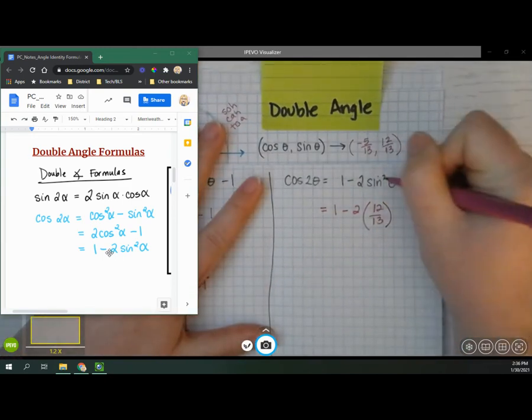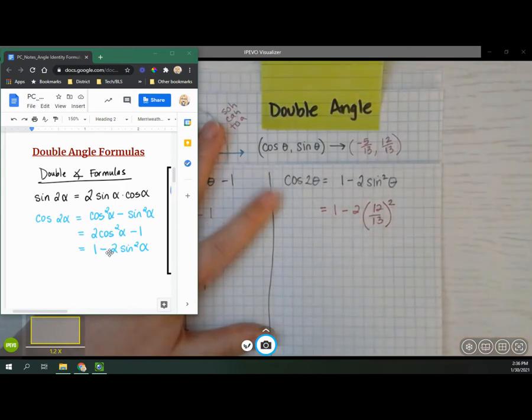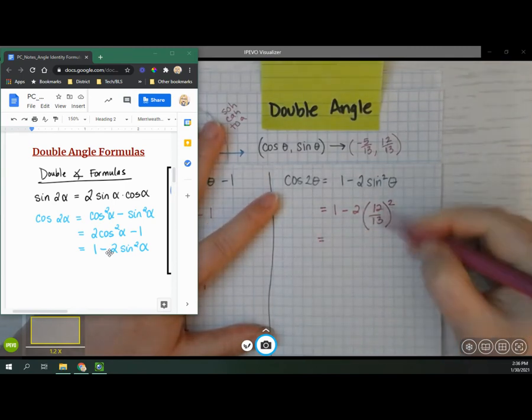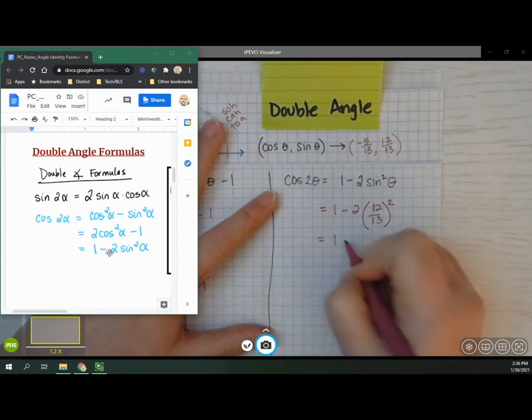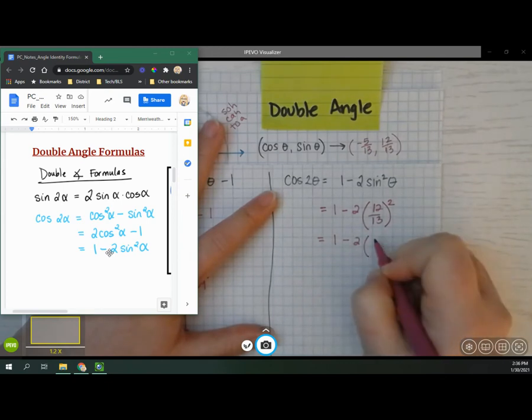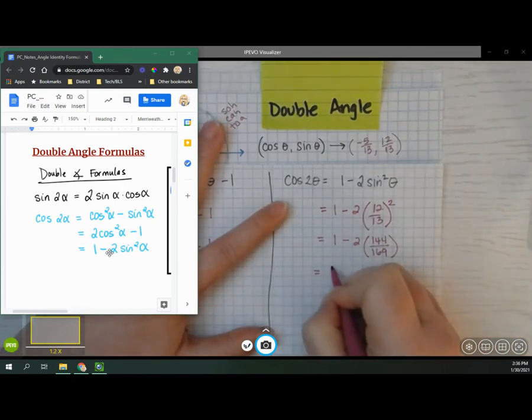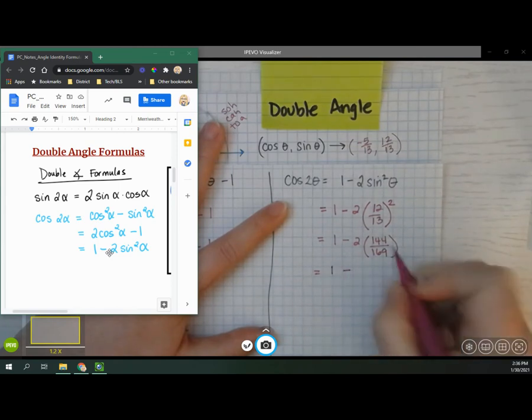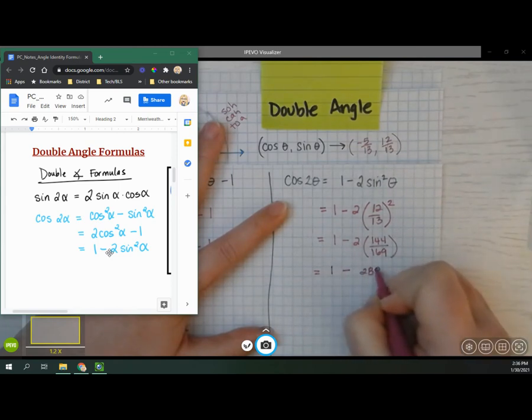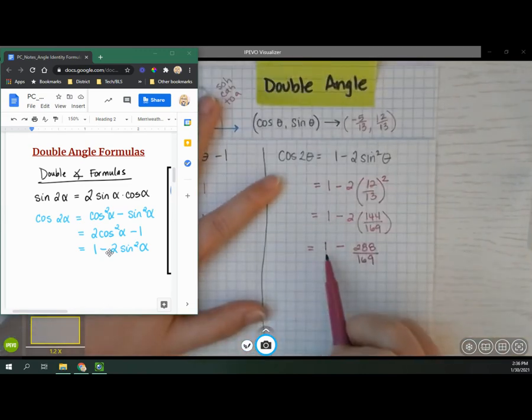Checking that formula again, I need to square it. When I do that, I want to do the parentheses and the exponent first. 1 minus 2 times 144 over 169. And we're going to be doing the multiplication next. This gives me 1 minus 288 over 169. And notice that the 1 in the front isn't very helpful.